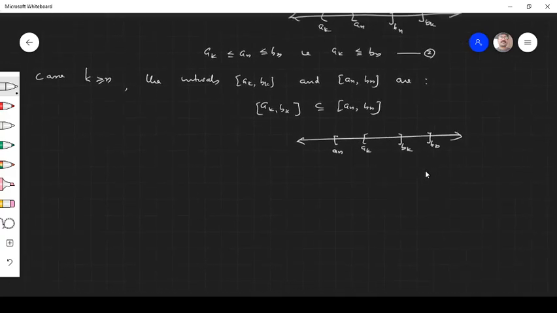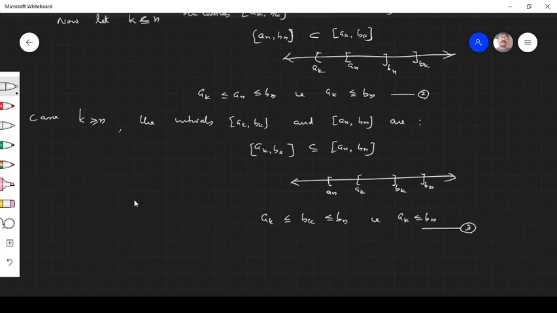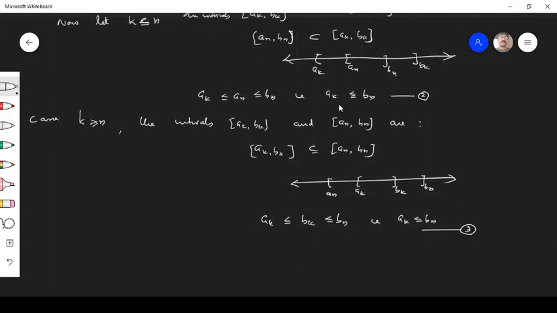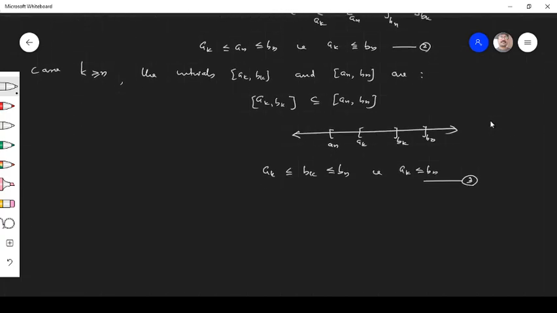In this placement also we can see that a_k is less than or equal to b_k, which is less than or equal to b_n, which implies a_k is less than or equal to b_n. Call this number 3. So in either case, whether k is greater than or equal to n or k less than or equal to n, a_k is less than or equal to b_n.